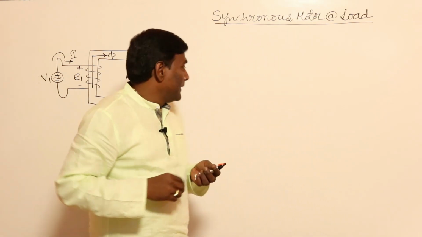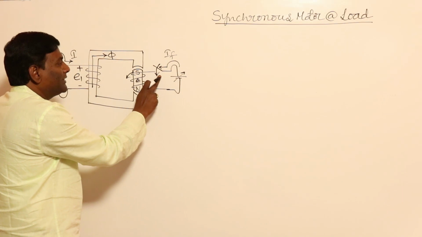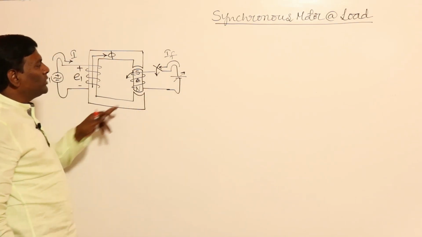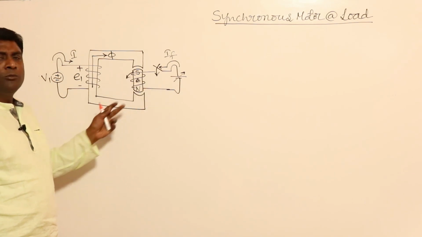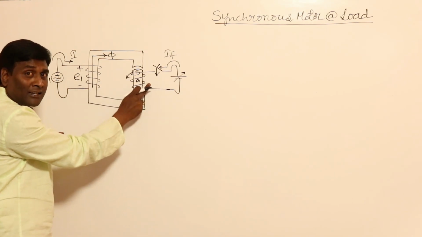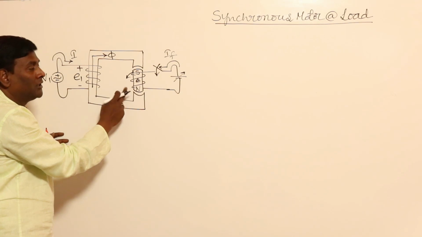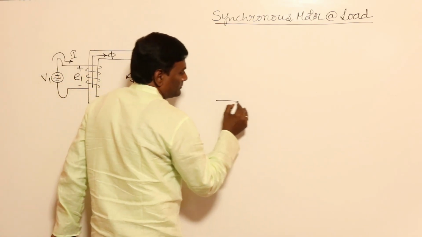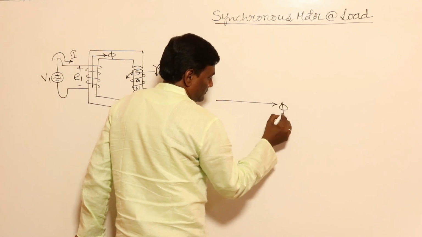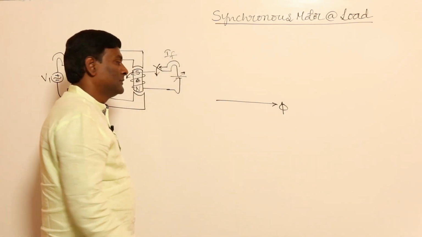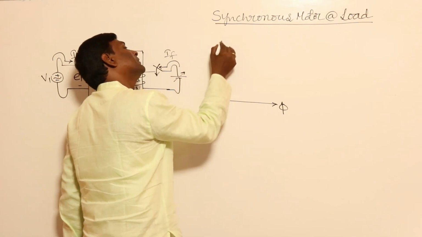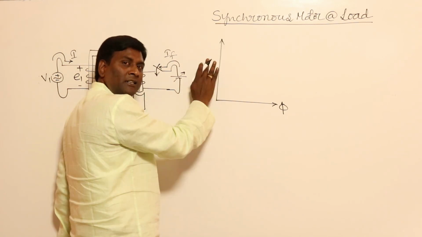Okay, now coming to the point, for example, when this is open, it is kind of a transformer only. When this is open, this is a transformer only from this side, because current is not there, flux is not there. So let us draw the transformer primary side phasor diagram. 100 flux lines, and this side generator, this side motor.